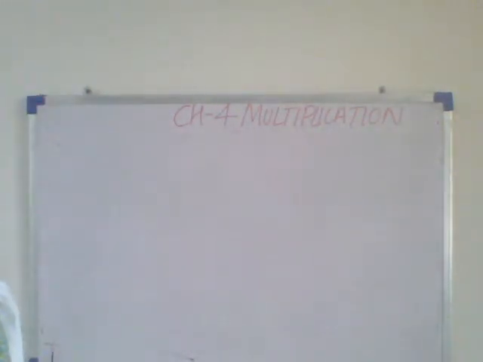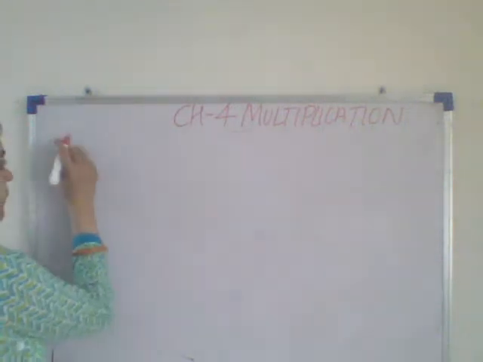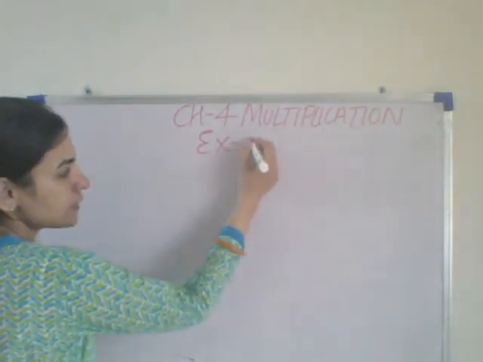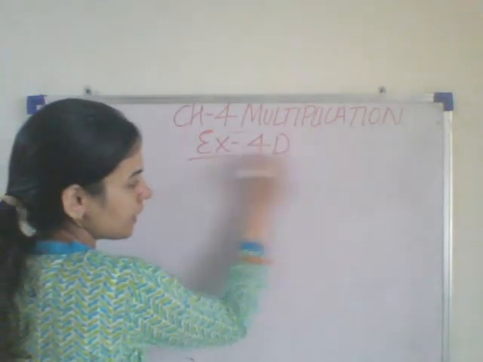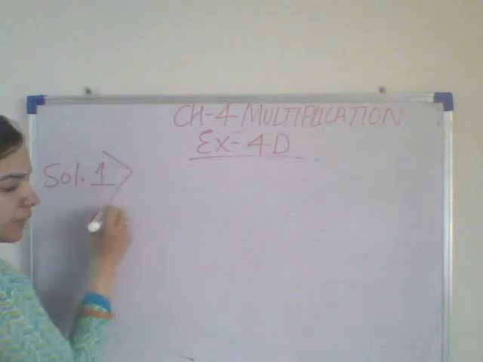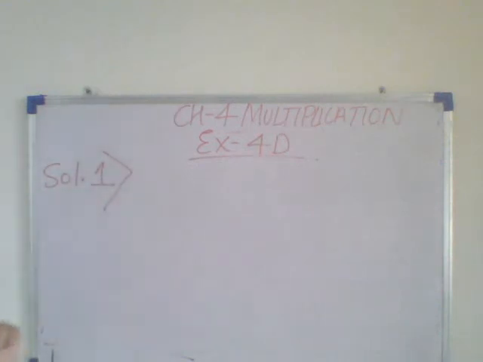The first question: what is the cost of 175 transistors if each transistor costs 698? Let us do the solution. Now I am doing the solution of your first question in exercise 4D.